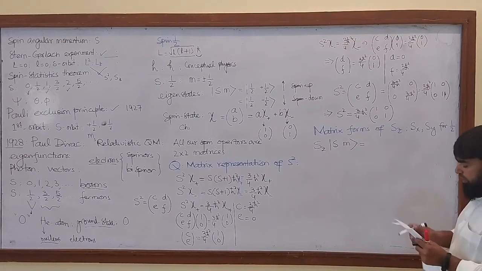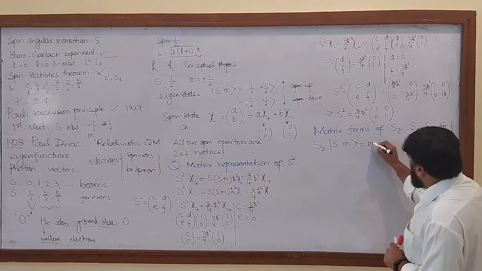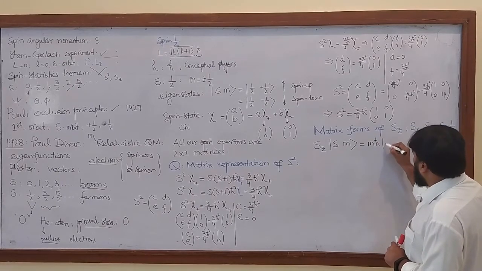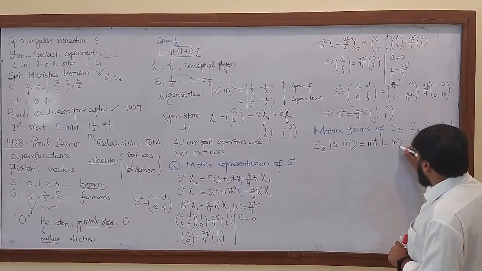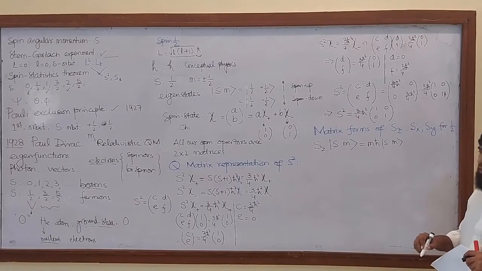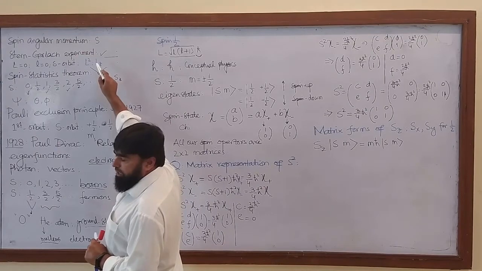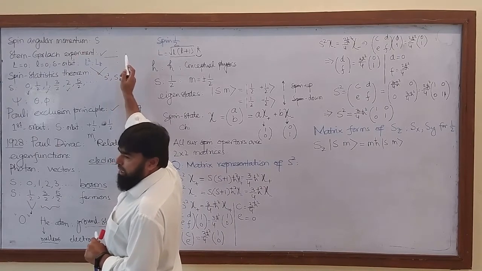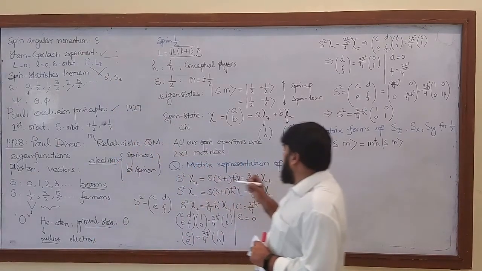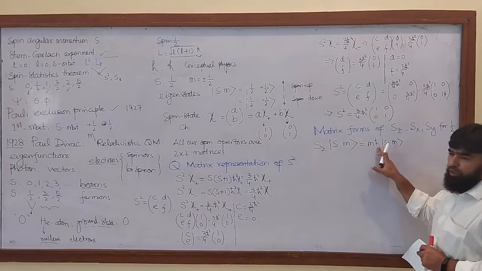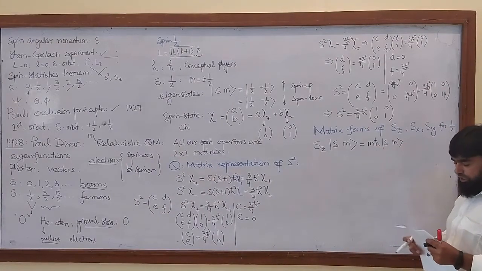What will it be? It will be equal to M h bar times the state S M. You know this fact from here. When LZ was operating, it was M h bar. So with the same analogy, I am writing M h bar and with the eigenstate.